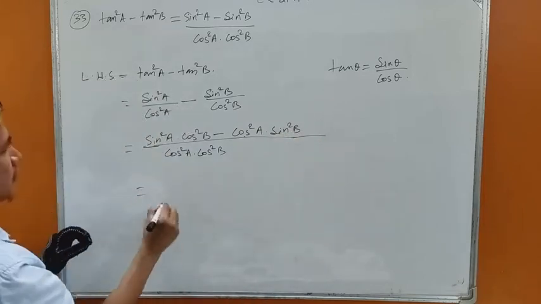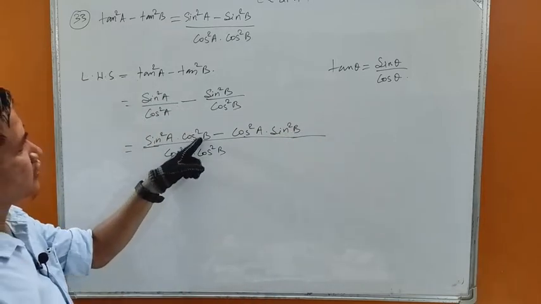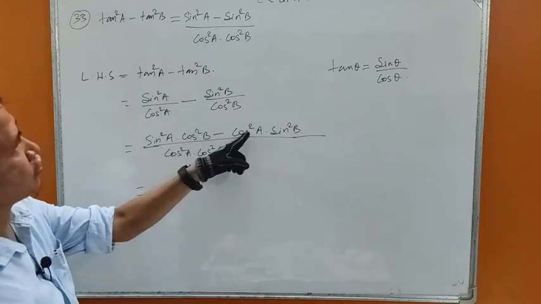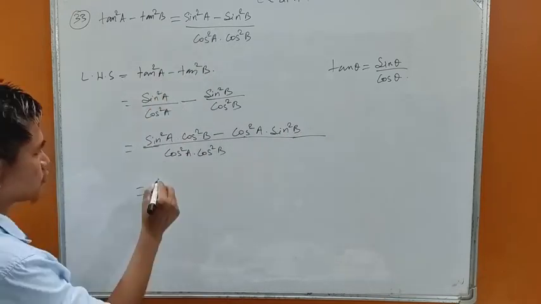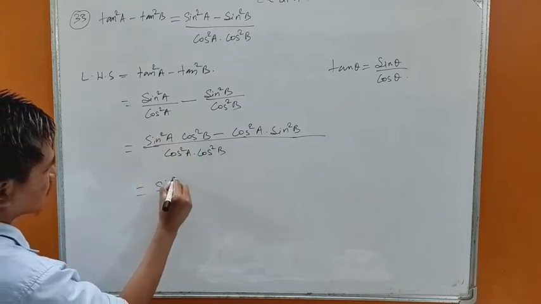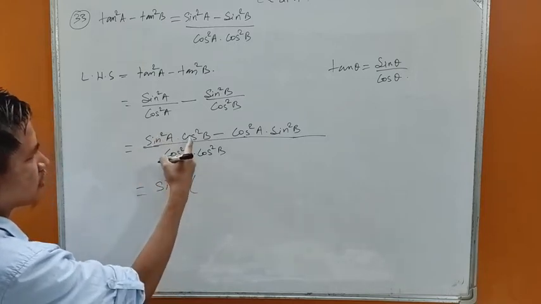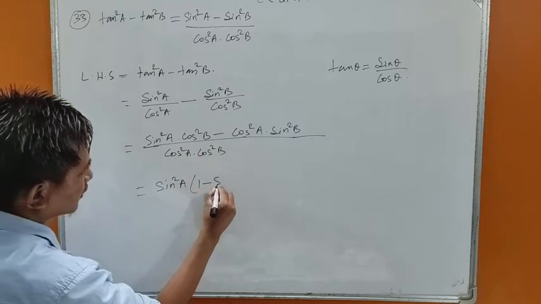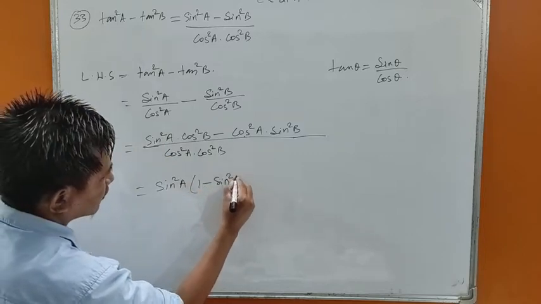So we don't need this cos square b and cos square a in the numerator, isn't it? So let's convert this cos square b to sin form, okay? Sin square a into cos square b means 1 minus sin square b. Are you getting me?